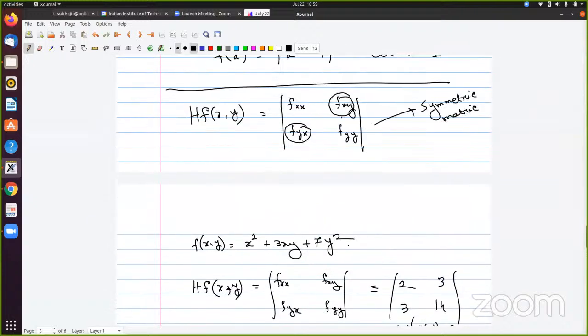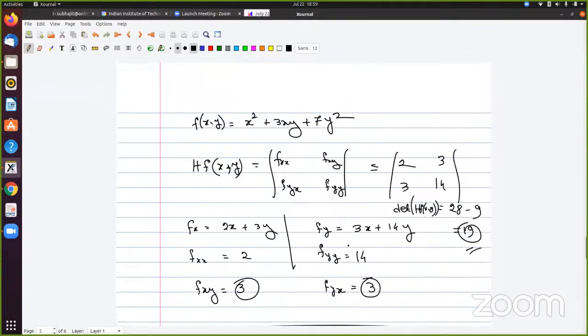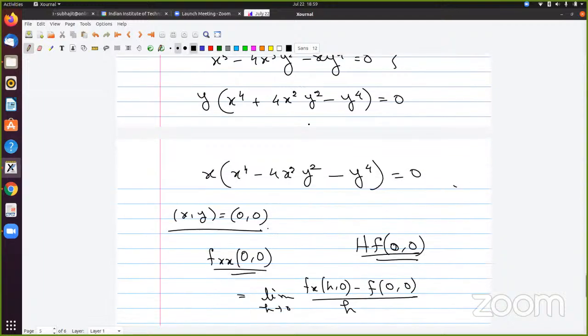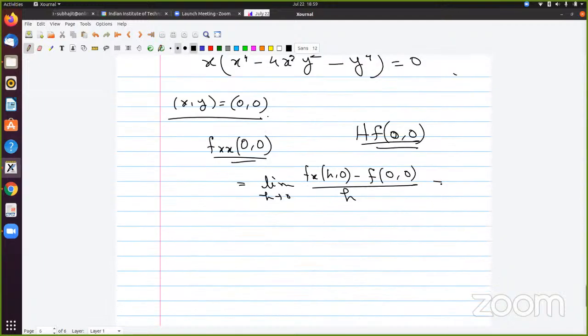It's going to be 0. This is your fx(h, 0). So eventually it is 0. And now you know how to calculate fy(0, 0) also. That is also 0, I think.